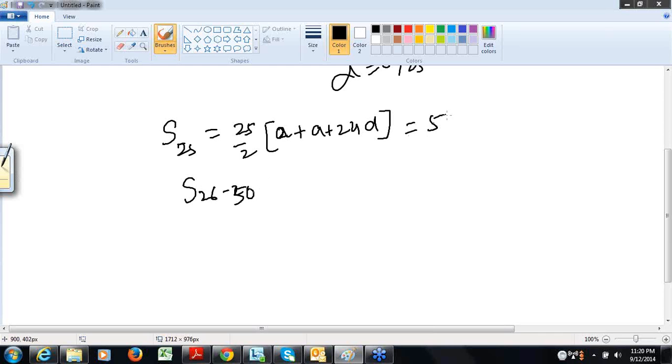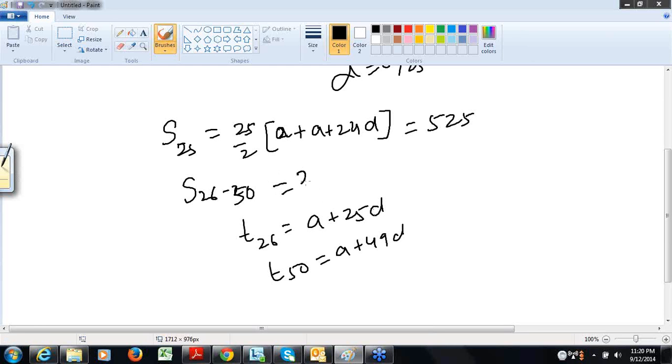Now we have to find sum of 26 to 50. This has been given as 525. Now 26 to 50. So term 26 will be what? a plus 25d, and term 50 will be what? a plus 49d. So it will be n by 2 into a plus L, meaning T26 plus T50, which is equal to 725.